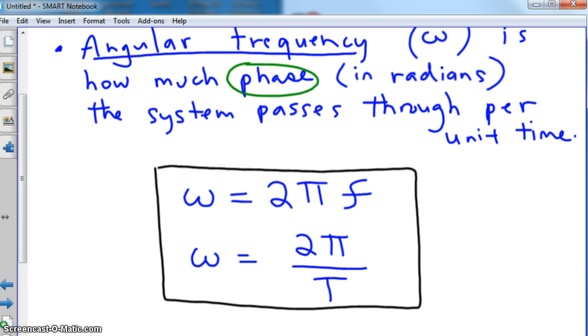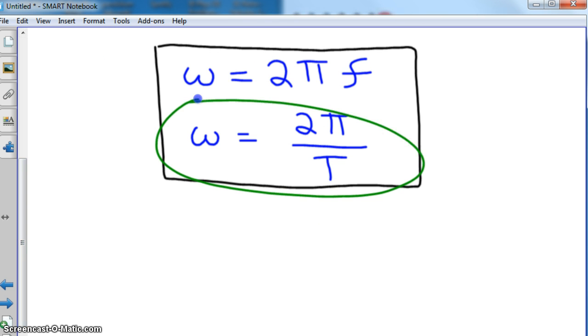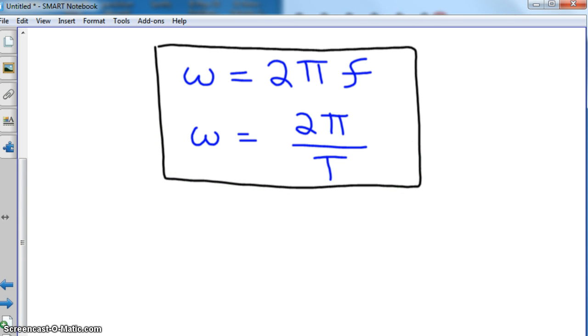So a question for us is why is this 2 pi appearing? And the answer is actually simple when we look at this form of the equation. Angular frequency is how much phase occurs per second. And in one complete period, we pass through 2 pi radian of phase.